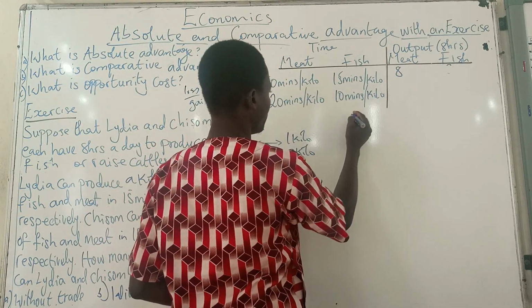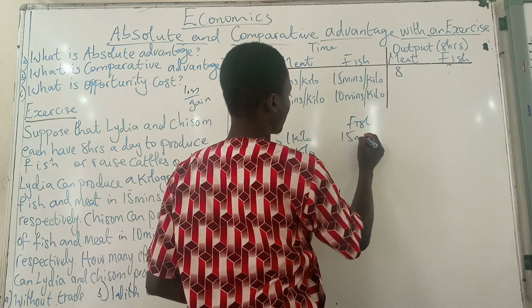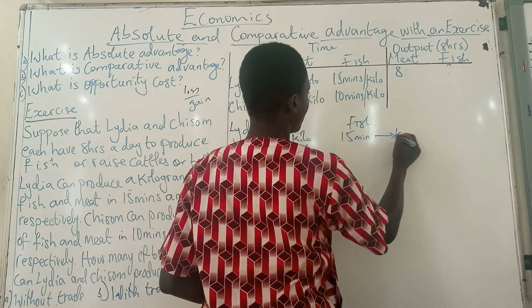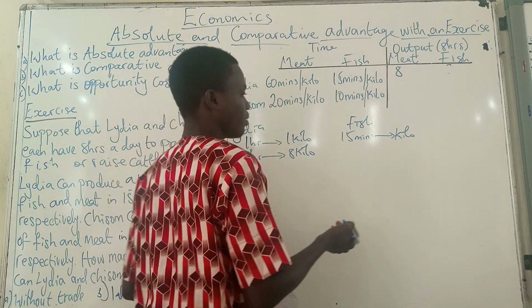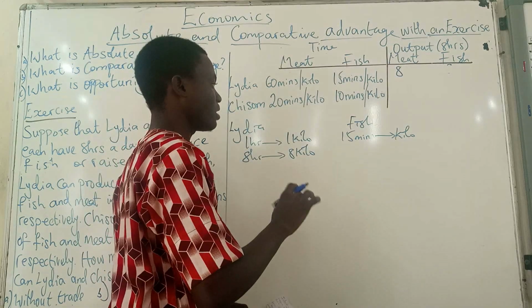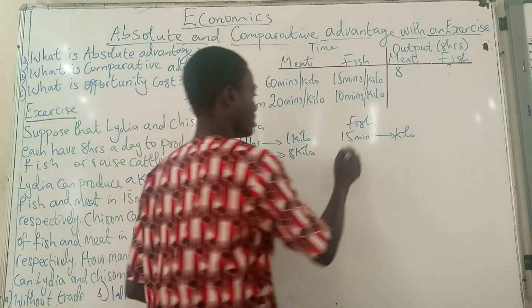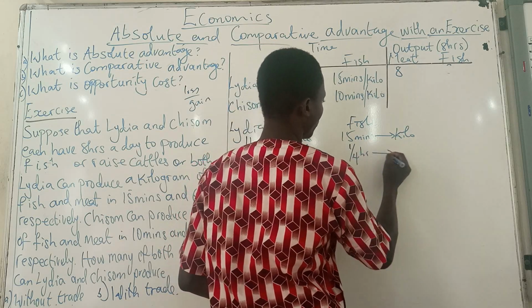So for fish, 15 minutes per kilo, right? Let's try to express this in hours. If 1 hour is 60 minutes, then 15 minutes is going to be 1/4 of an hour. So this is the same thing as 1/4 hour per 1 kilo.